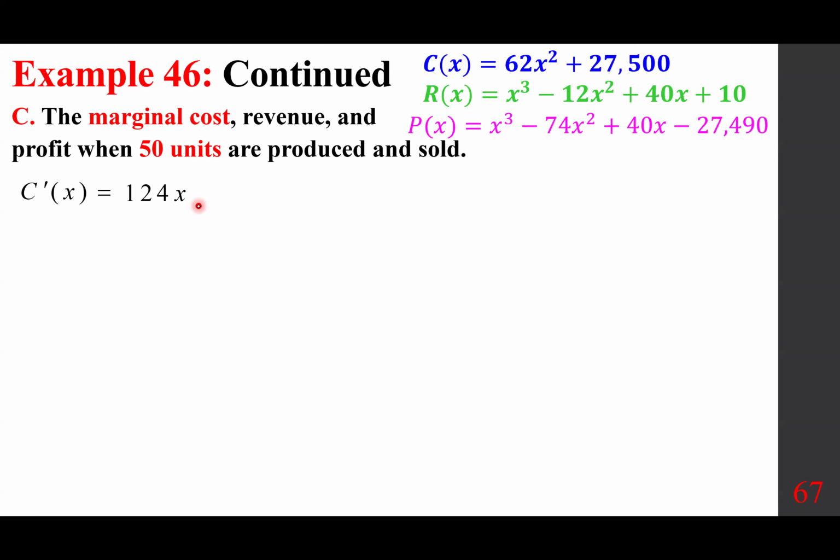So you plug in 50. C prime of 50 is 124 times 50. And it gives you $6,200.